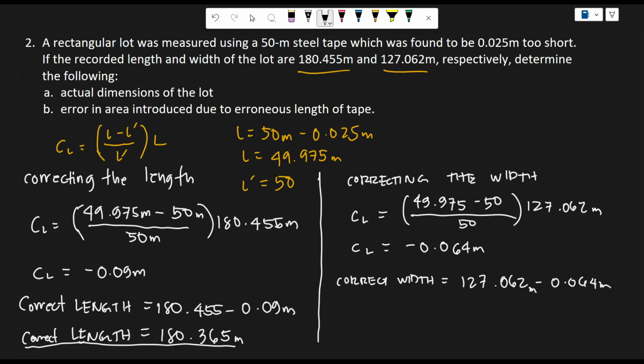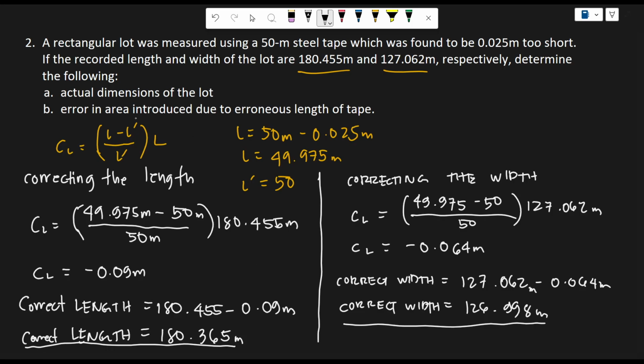These are all meters. And then you will get our correct width will be 126.998 meters. So this is our correct width.